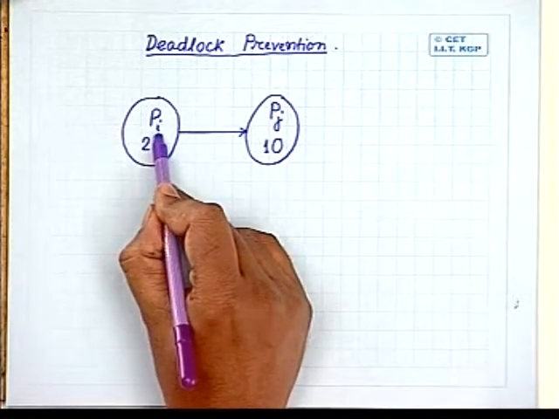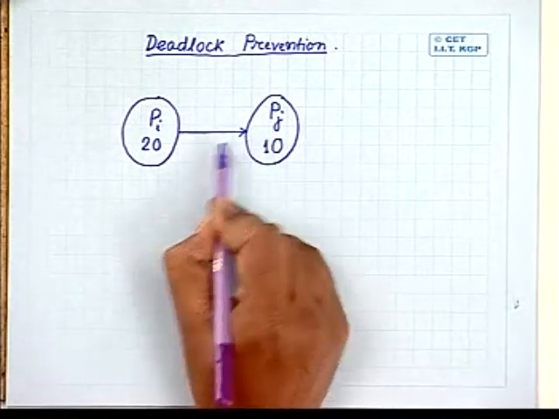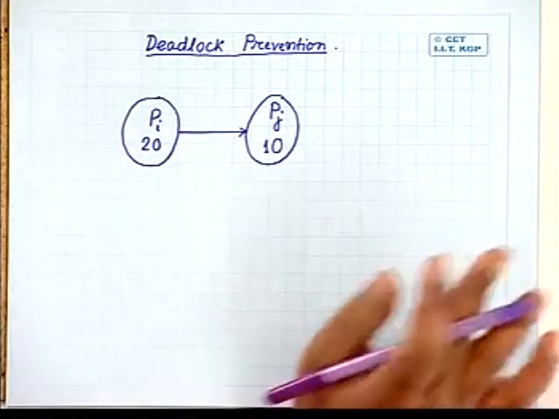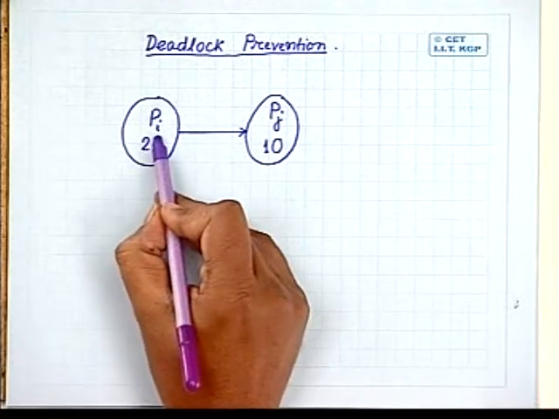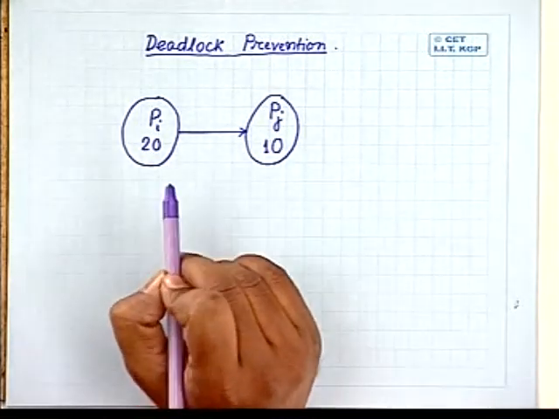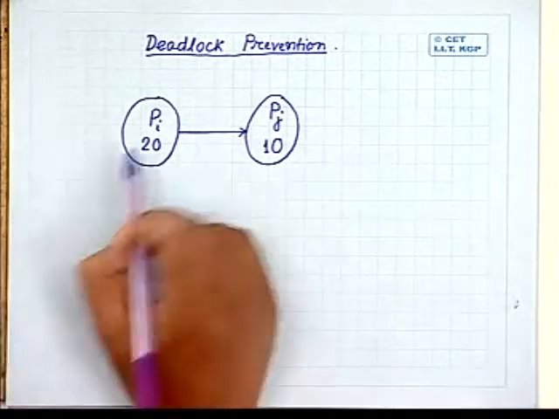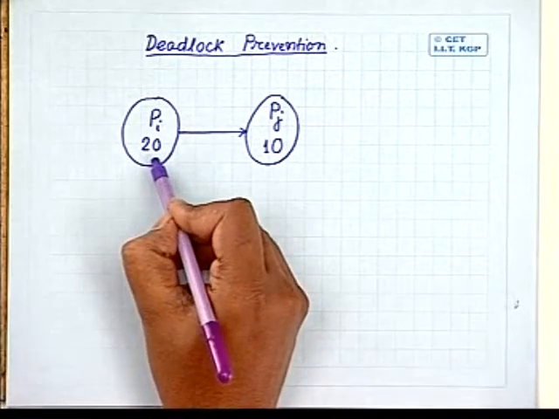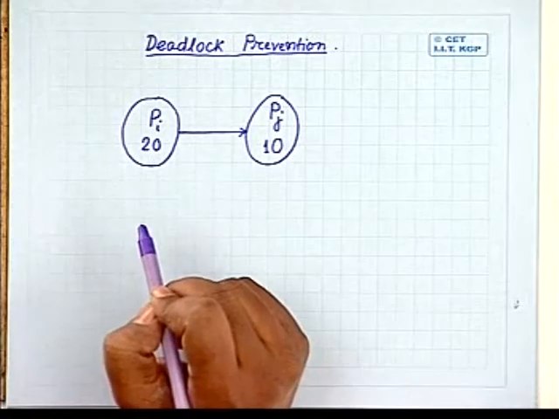When a process Pi puts a request for a resource currently held by process Pj, that means Pi is waiting for Pj. From now onwards, everything will be put in the form of a wait-for graph instead of a resource allocation graph. Whenever Pi requests a resource held by Pj, we check the time duration for which Pi has been executed and the time duration for which Pj has been executed.